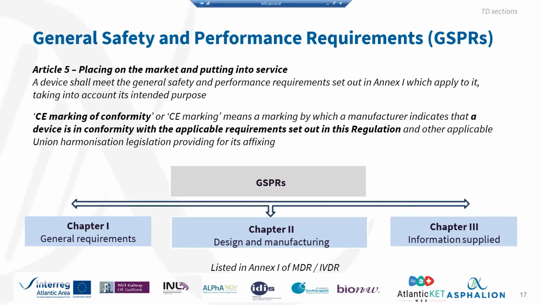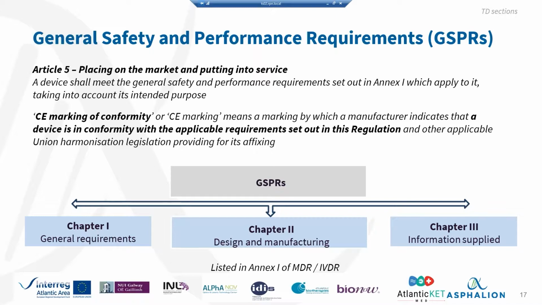In Annex 1, you have a list with all the applicable requirements, and you've got to assess one by one whether they are applicable to your device or not. When we place the CE marking of conformity, it means that your device complies with the applicable requirements of the regulation. So what we're saying with the CE marking is that my device fulfills everything it's asked to fulfill by the regulation.